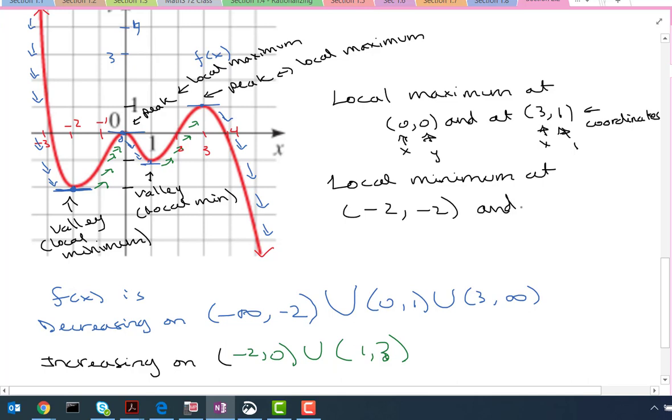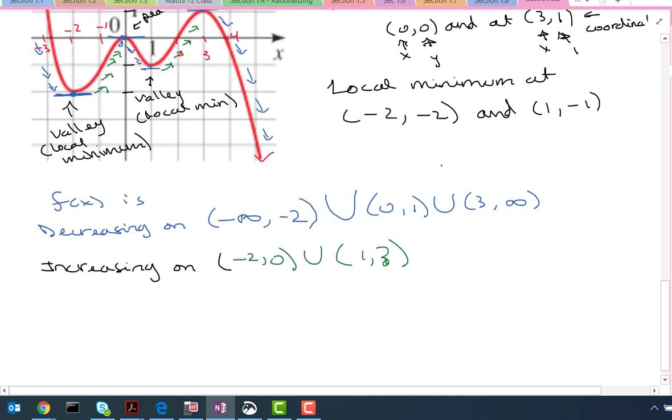And the other local minimum is at 1, -1. So it occurs when x is 1, and the value of the minimum is y equals -1. So that's how you interpret these versus an interval. These are x values for the function, but the y values are going down. And this is the range of x values where the y values are going up.